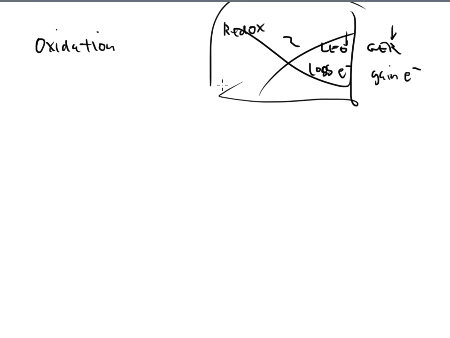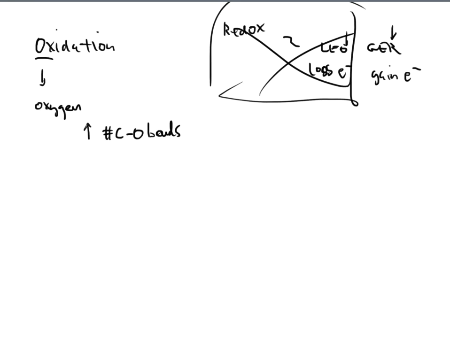So in oxidation, it's a little bit easier. Oxidation, you see the word oxygen in here, right? So in organic chemistry, very often, when we talk about oxidation reactions, we are going to be increasing the number of carbon to oxygen bonds. Is that a little bit easier? I hope it is.